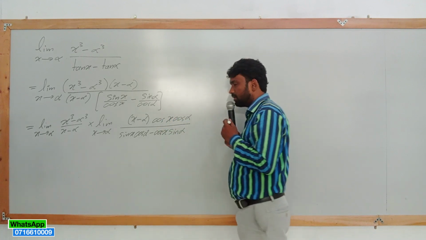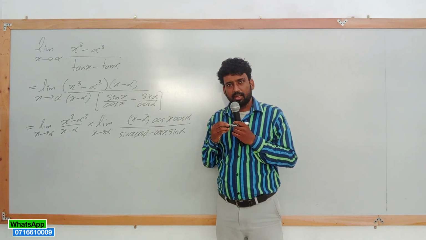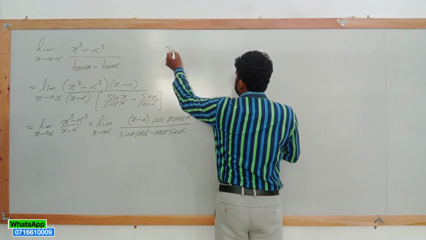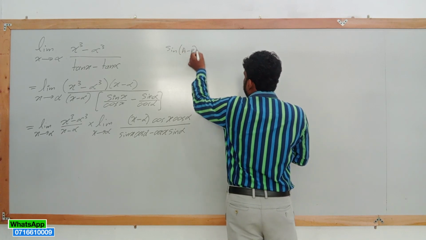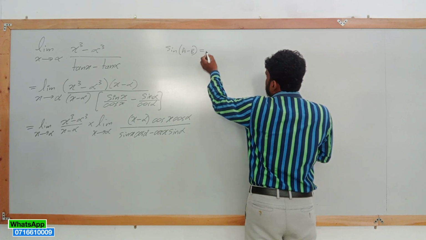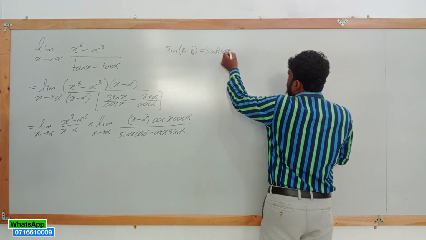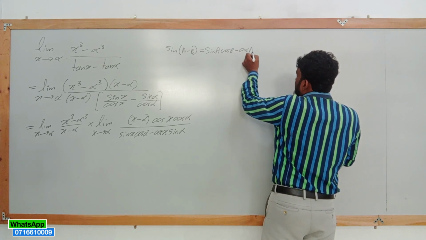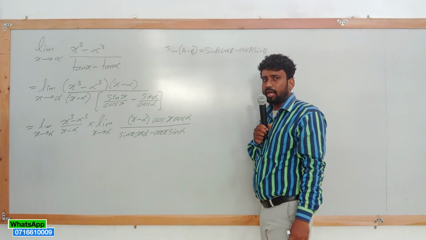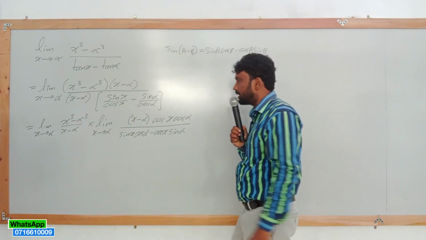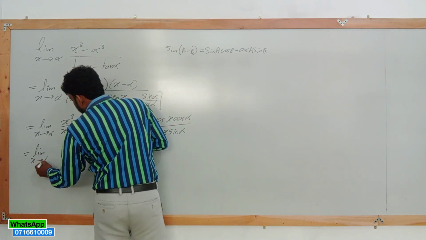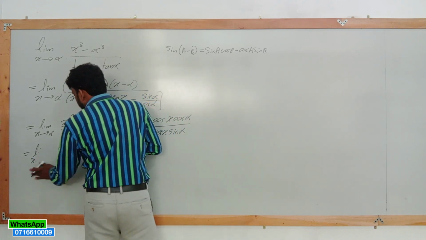Now you can see, what about sin a minus b? That is trig: sin a cos b minus cos a sin b. Then you can use this one here, right? Now limit x goes to alpha, here you can use that theory.